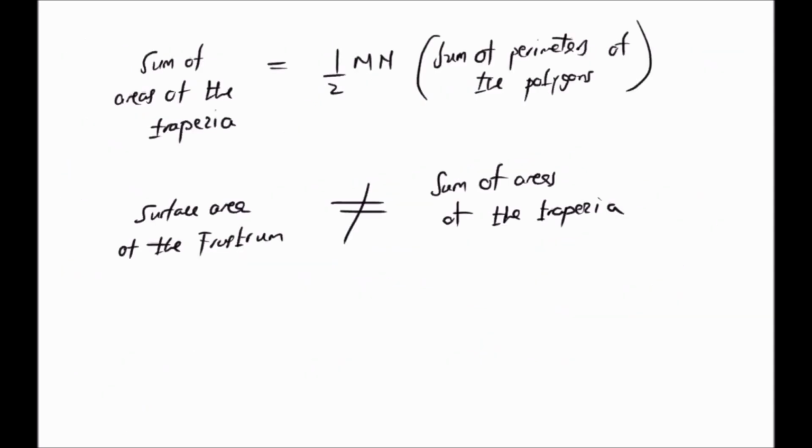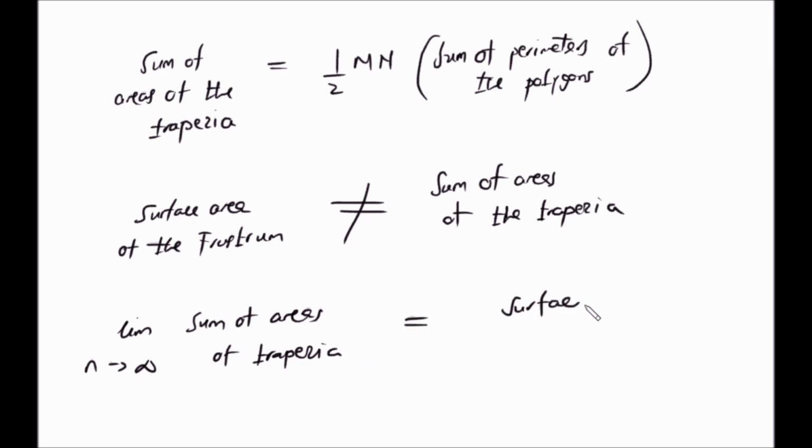So the surface area of the frustrum is not exactly equal to the sum of the areas of the trapezia, but the limiting value, as the number of sides is large or approaches infinity, of the sum of areas of the trapezia, that is the surface area of the frustrum.